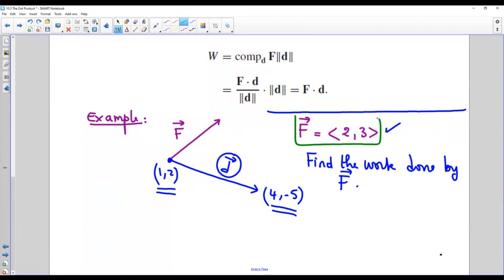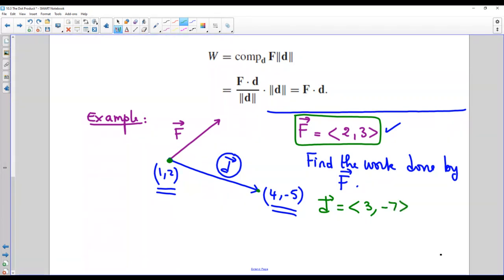We have the force F. If you have a vector D which goes from this point to this point, we can find the vector D. What will be the vector D here? Yeah, 4 minus 1, so that's 3 exactly. And then minus 5 minus 2 is minus 7. Great.